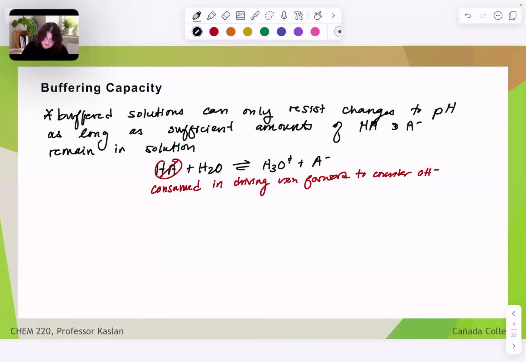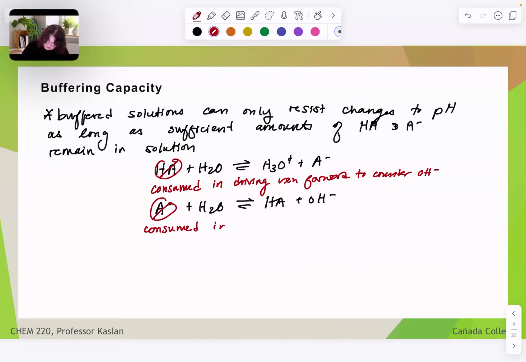Same deal if we think about the weak conjugate base. So as our hydroxide gets neutralized, we are going to eventually deplete A minus.